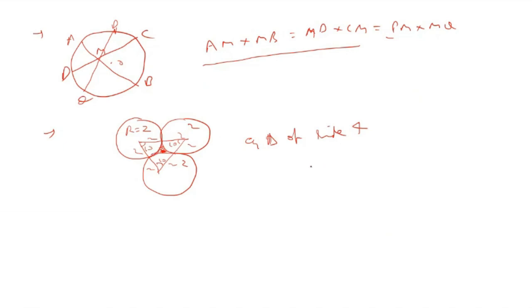The equilateral triangle of side 4 will have the area of root 3 by 4 into 4 square, minus the area of 3 sectors. The area of each sector would be what? Pi into r square, r is 2, again r for the sector. So pi into 2 square into theta by 360. What is theta here? Because it's an equilateral triangle, so 60. So 60 by 360.